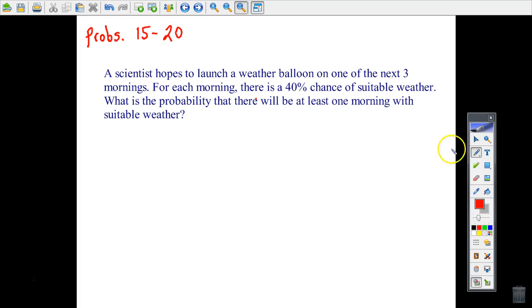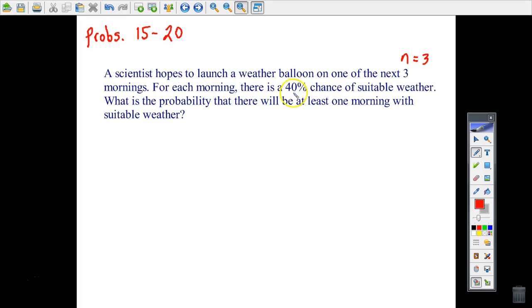I want to point out something that makes this problem a little bit different than what we did previously. We're trying to launch this weather balloon on one of the next 3 mornings. Okay, so right away we've got 3 trials, or in other words, n equals 3.